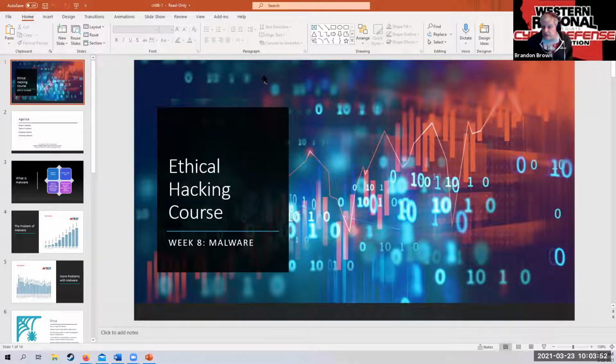Malware reverse engineering is part of digital forensics. I don't know a lot about forensics. I know about incident response, but not a lot about the actual digital forensics piece.